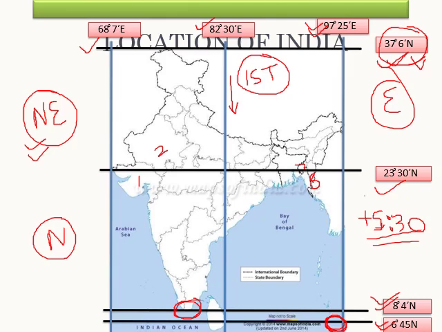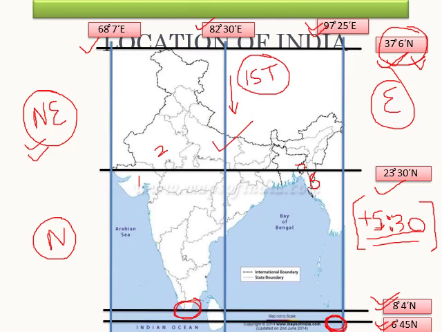So India is located in the east of Greenwich, and this line which determines our time zone is 82 degree 30 minutes east. So we are basically plus 5 hours 30 minutes ahead of Greenwich. So when it is 12 at London in Greenwich, it will be 5:30 p.m. in India. We are 5 hours 30 minutes ahead of the time in London.